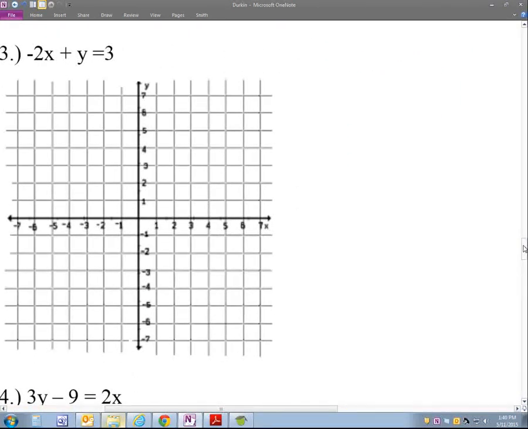What do you notice about this one? Y is not by itself. So what's the first thing I have to do, Miss Lily? Make it on the outside by using the, what's it called?